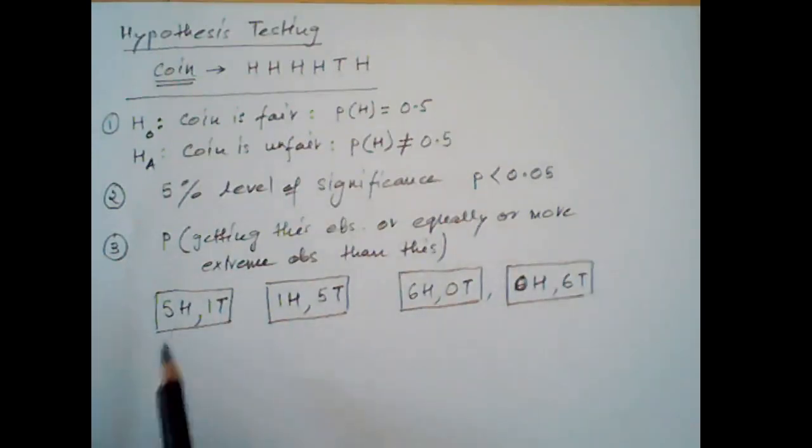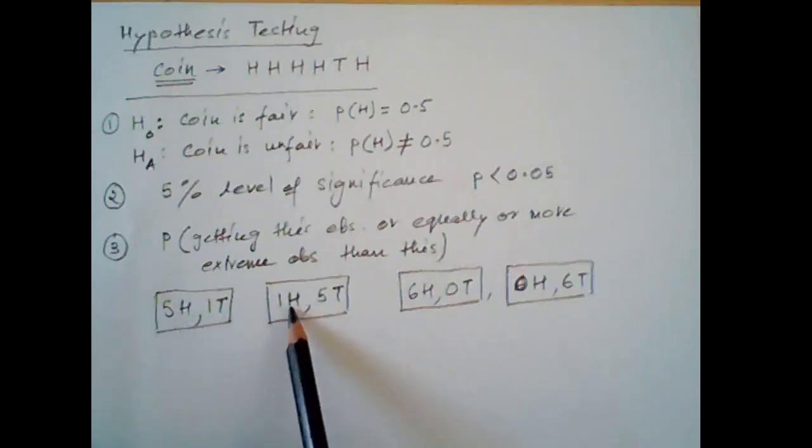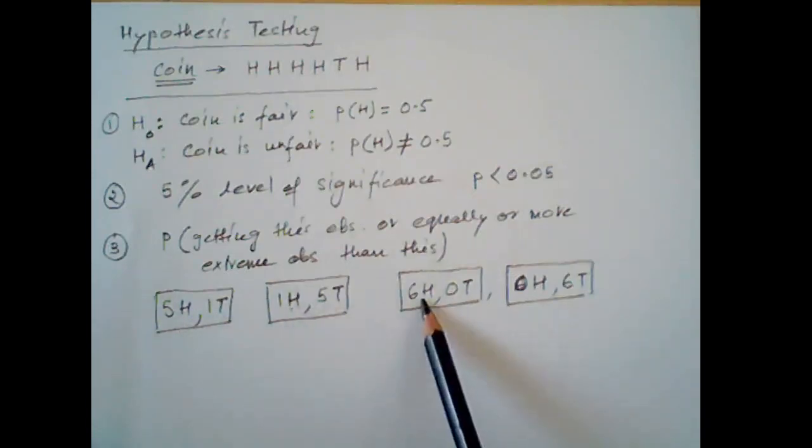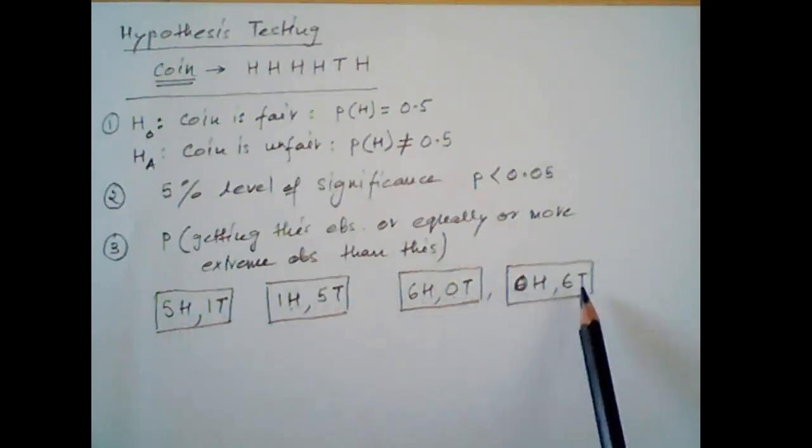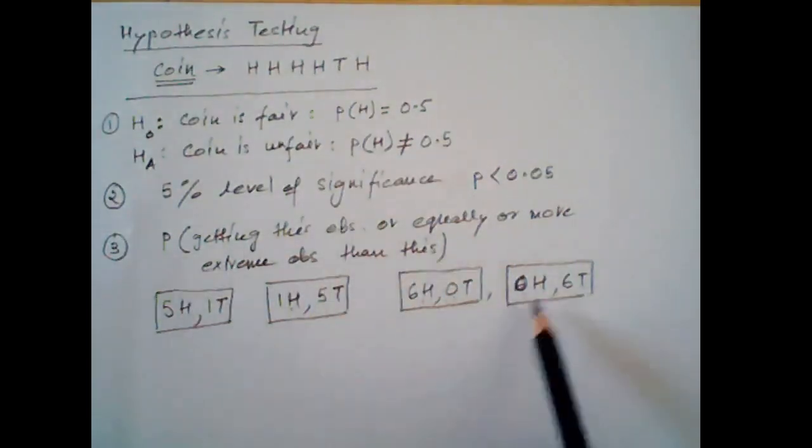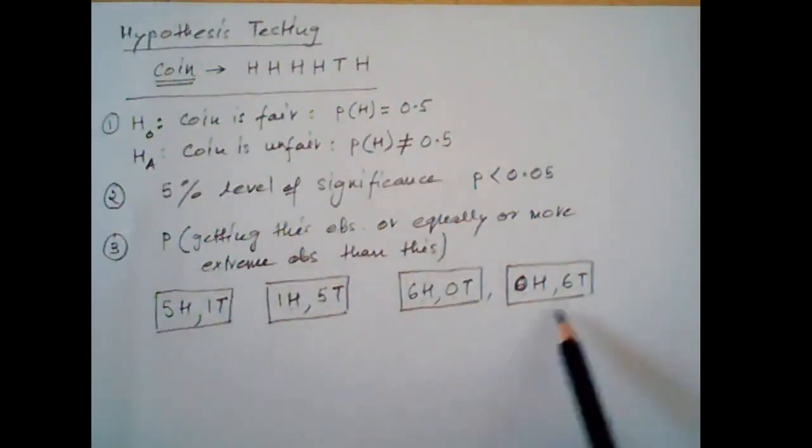Okay, 5 heads, 1 tail, 1 heads, 5 tails, 6 heads, 0 tails, and 0 heads and 6 tails. Okay, fine. So these, we have to compute the probability of these outcomes.